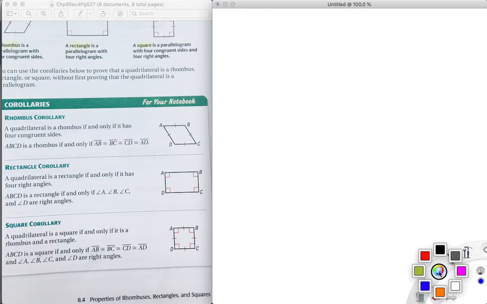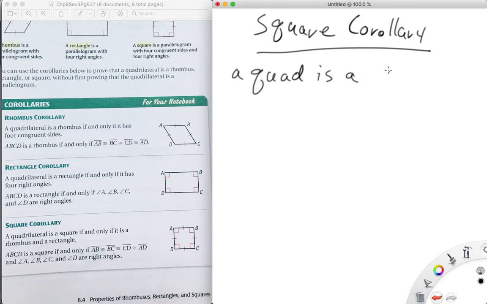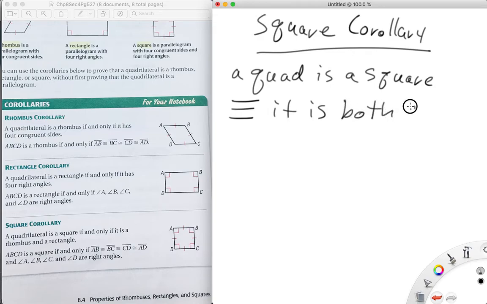Then you have the square corollary. A quadrilateral is a square if and only if it is both a rectangle and a rhombus. Pretty straightforward.